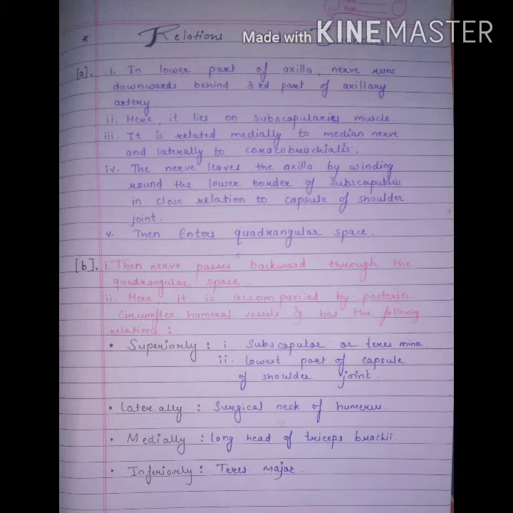Then the nerve leaves the axilla by winding around the lower border of subscapularis. Here the nerve gets close to the capsule of the shoulder joint. The nerve leaves from there by winding and enters the quadrangular space.